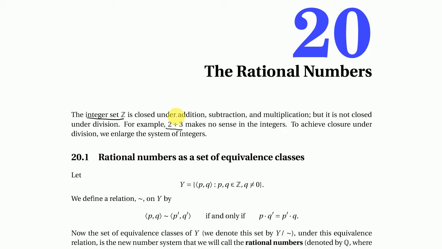So we need to develop a new number system which is closed under these 4 operations: addition, subtraction, multiplication, and division altogether. And within that system, we can have all the natural numbers and integers, positive, negative, including 0, altogether. Okay? So this is how we define it.